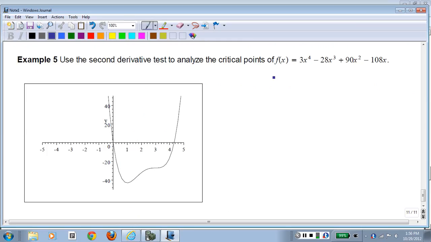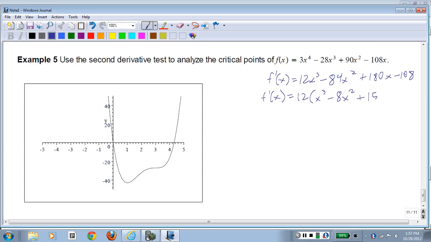We will eventually. F prime of x equals 12x cubed minus, I want to say 84, x squared plus 180x minus 108. We need the zeros of this. I guess we could factor out a 12. F prime of x equals 12 times x cubed minus 8x squared plus 15x minus 9.